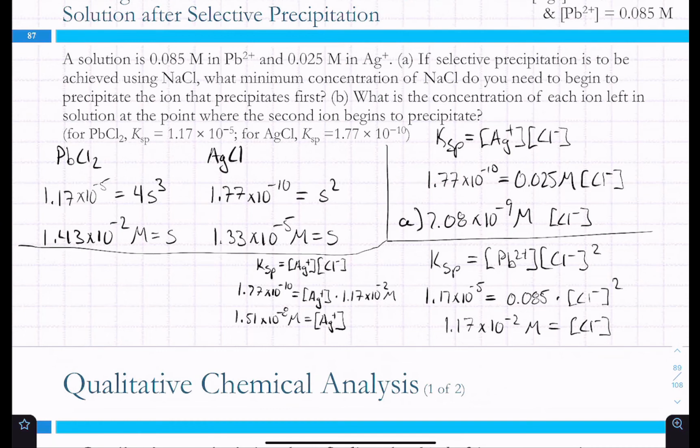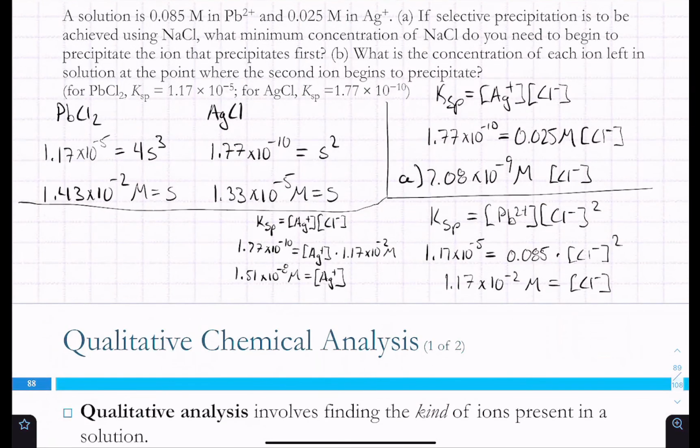So now, the slightly tricky question, how much lead is still in the solution? We don't have to calculate anything. I know it says it in the top right corner. Now it doesn't.